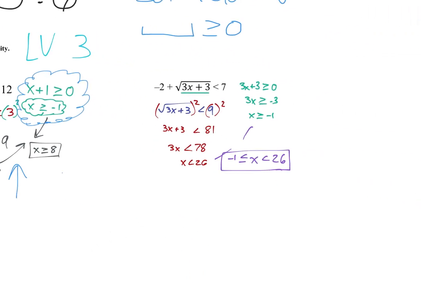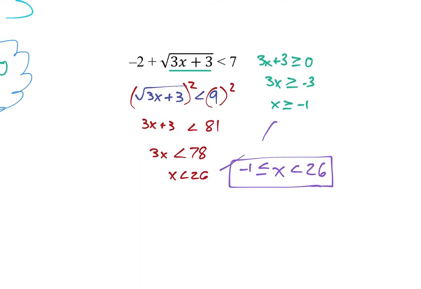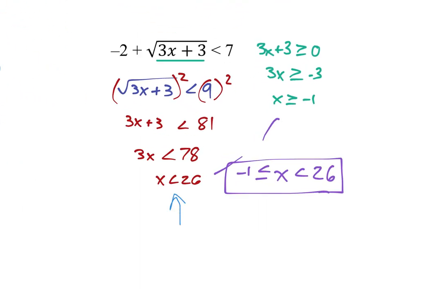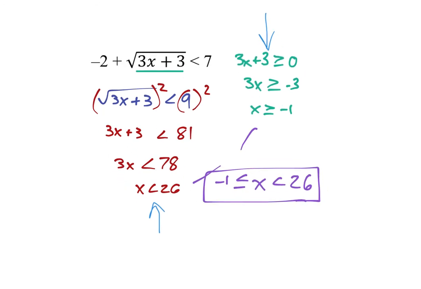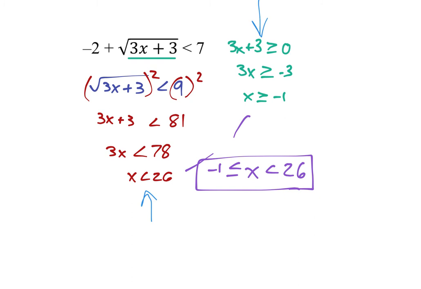Sometimes though, like on this one here, we go through and solved it initially and saw that x needed to be less than 26. When I set the radicand up equal to be greater than or equal to 0, I get that x needs to be greater than or equal to -1. Now those two things have a middle ground. So the only time that this inequality will work is when x is both greater than or equal to -1, but also less than 26.